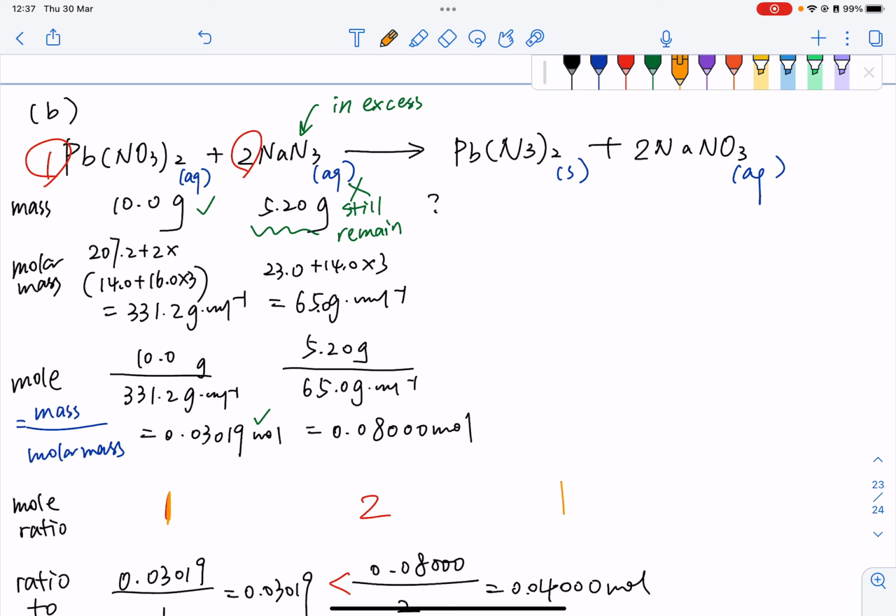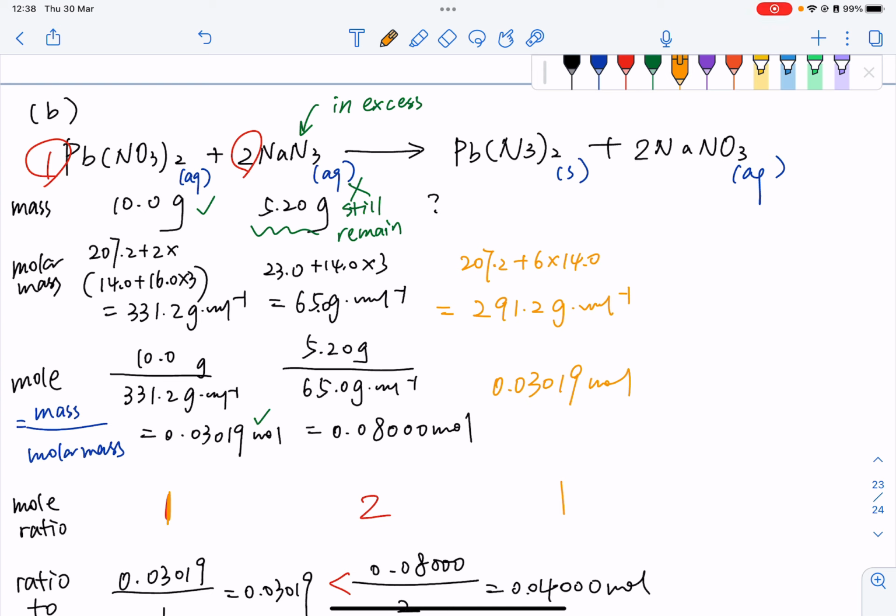Then we know that if that's 1 to 1, the mole here should be 0.03019 mole, right? What is the molar mass for Pb(N3)2? 207.2 plus 6 times 14.0. The answer should be 291.2 grams per mole, right?